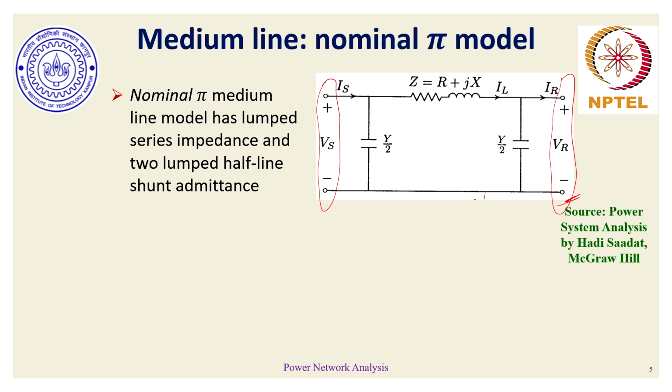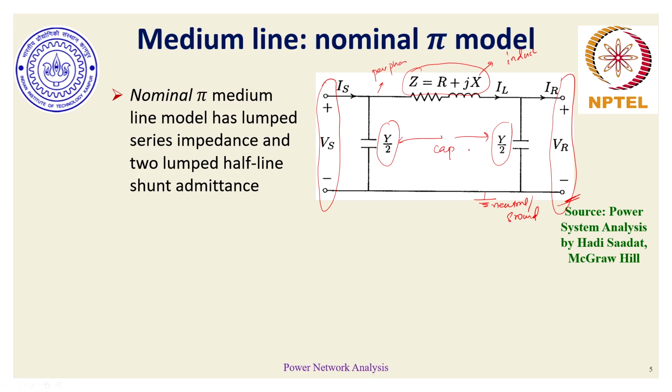The neutral point here, or the reference, is the neutral or ground with respect to which the potential is being measured, whereas the top wire is the per phase line of the transmission line. And as I mentioned earlier, in the pi model, half of the line capacitance or shunt appears at either end of the line, whereas the total line series impedance, which is R plus jX, this X coming in because of line inductance, whereas these Y's are coming in because of line capacitance.